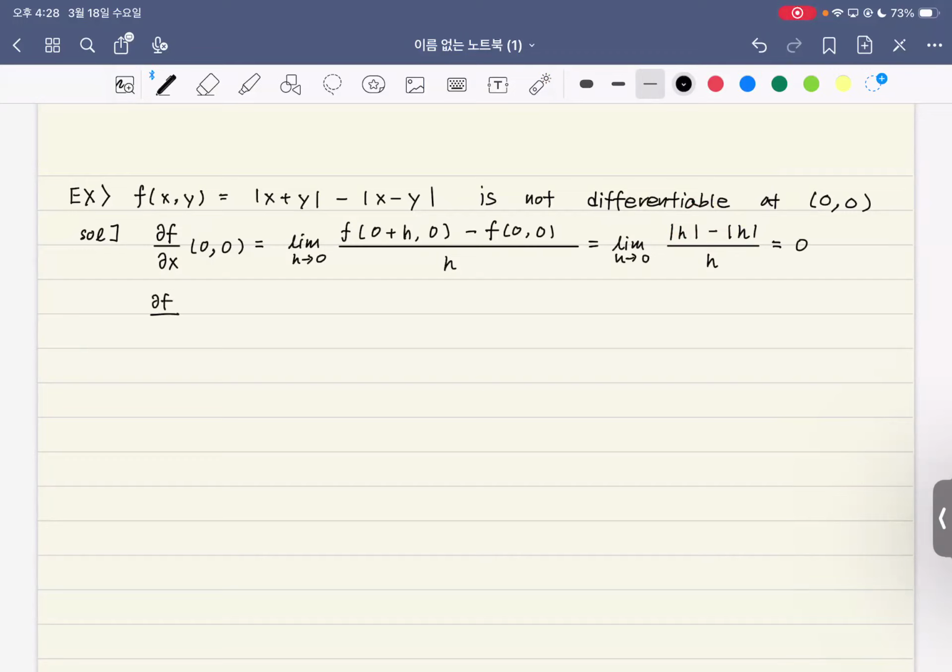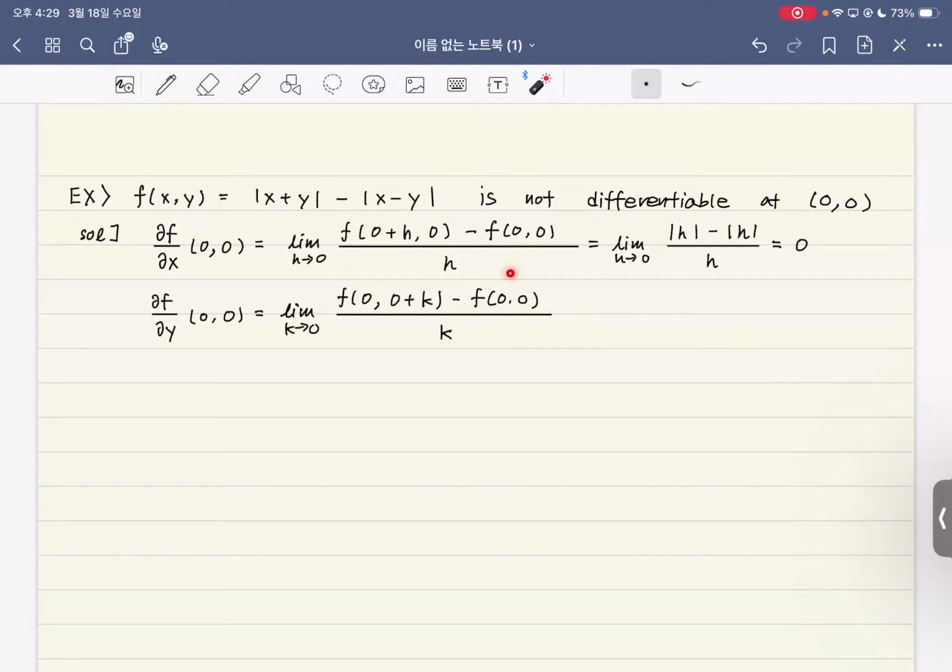Now for the other partial derivative, I'm going to do the same thing: f(0, 0 plus k) minus f(0, 0), and everything over k. f(0, 0) equals 0, so I am going to ignore this.